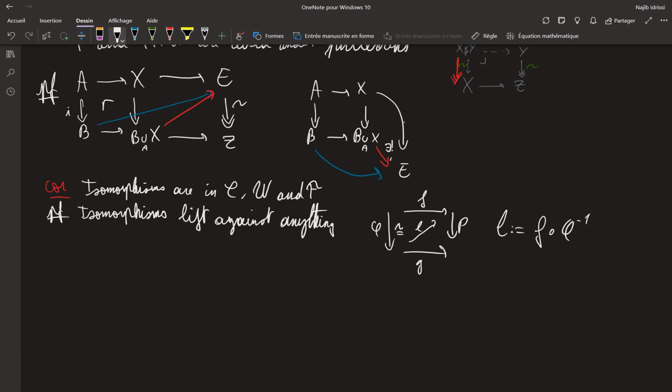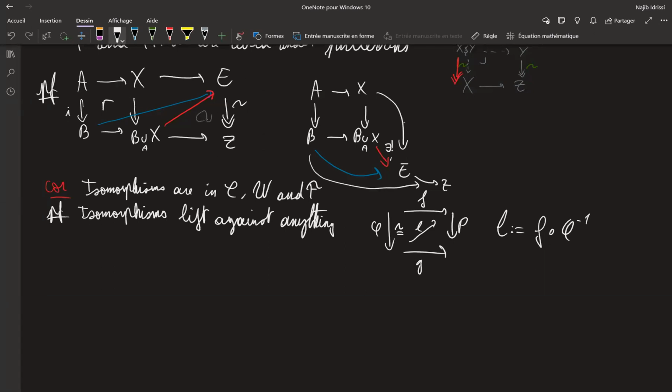Excuse me, in the last proof, why is the bottom triangle commutative? Which one? This one? Yes. So when you go from B union A to X to Z, you have to look at it like this.